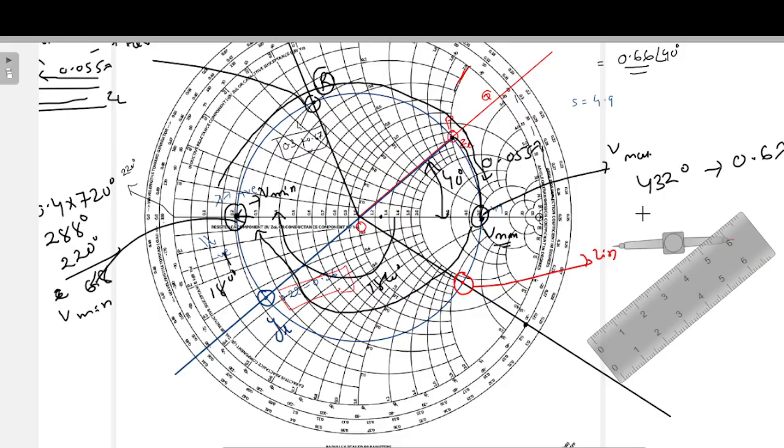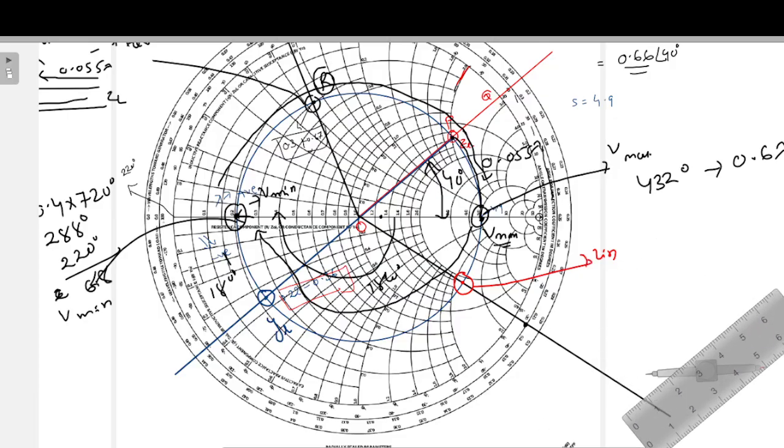So Zin equals 1.7, and as it is in the lower half of the Smith chart, the imaginary part will be negative.